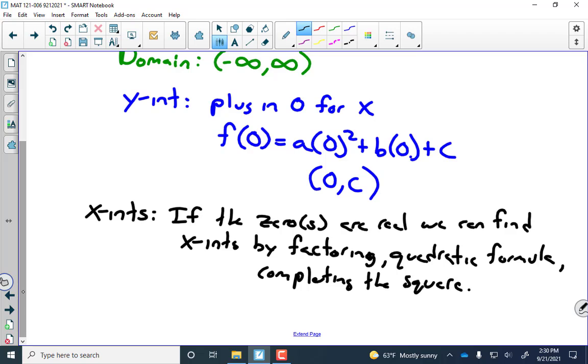So I'm not going to say finding x-intercepts is easy because it can actually be the trickiest part of the process, but I will say we have several different ways to find them. So I think we're in pretty good shape as far as finding x-intercepts.